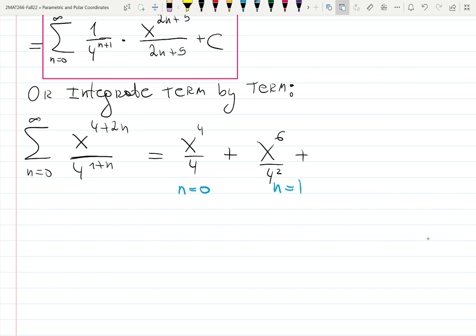When n is 2, it's going to be x to the 2 times 2 is 4, 4 plus 4 is 8 over 4 to the 3. Now you see the pattern. That is the pattern: x to the 4, to the 6, to the 8, 4 for square, for cube. Do we change signs? I don't think so.